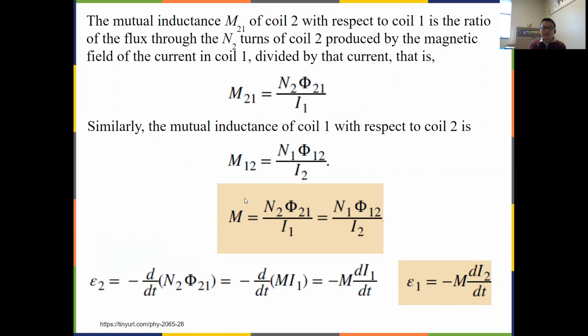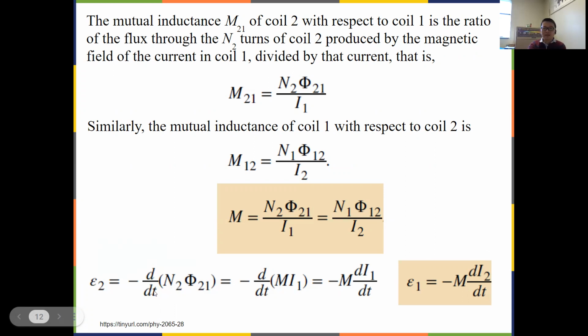The induced EMF on each one of them, you can look at the first one or the second one, either way. For the second one, you do minus the derivative of N2 phi 21 over dt, the total flux divided by time dt.